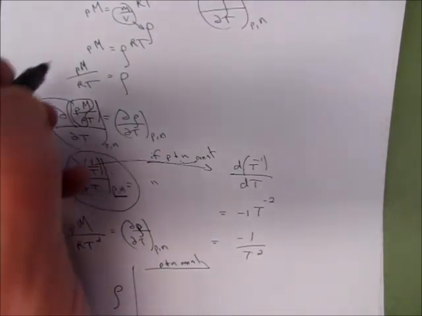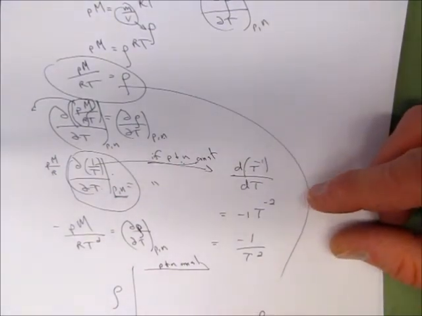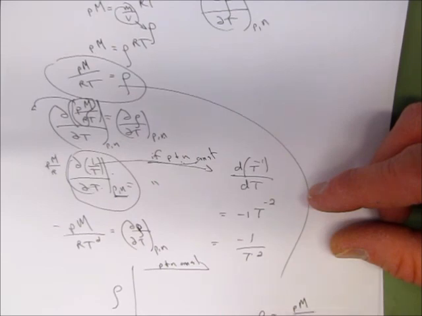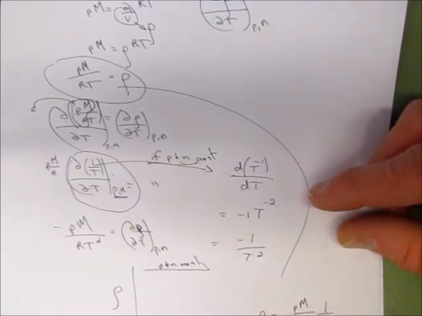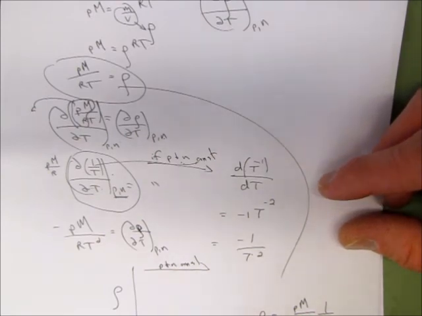This is not what the graph would look like. This is the expression for what the slope of this graph is doing. So I could go back up here and say density equals PM over R, and you see how it's 1 over T. So density by itself equals this.